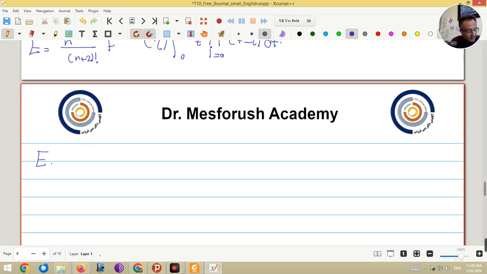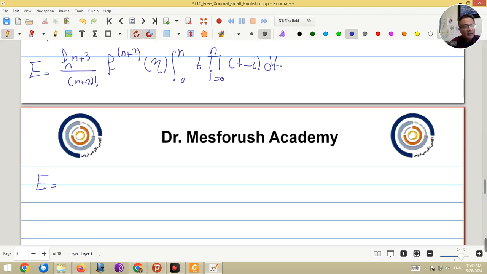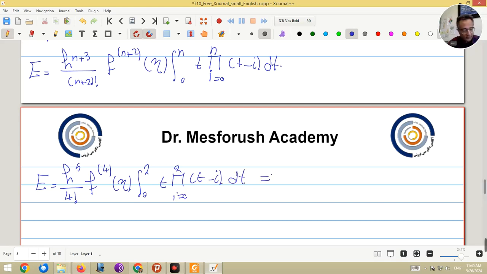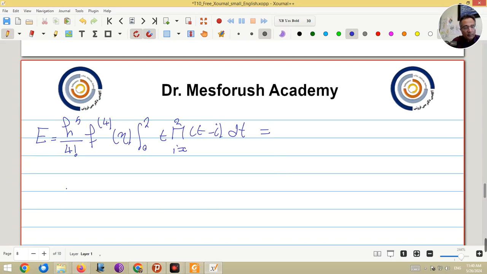Now, let me do this. So, let me write E is equal to, exactly I put n equal to 2. So I have h5 over 4 factorial, f fourth derivative of f at eta, integral from 0 to 2 of t times product i equal to 0 to 2 of (t minus i) d t. Let me do some computation.